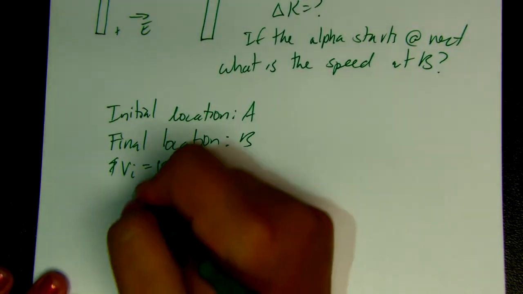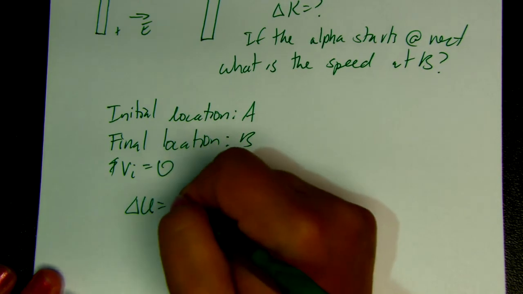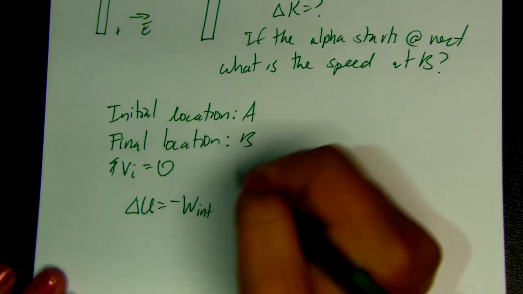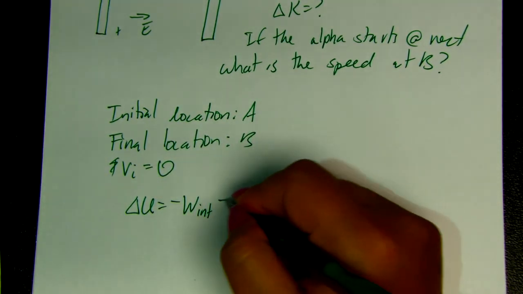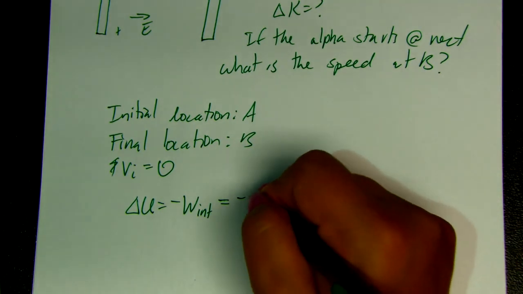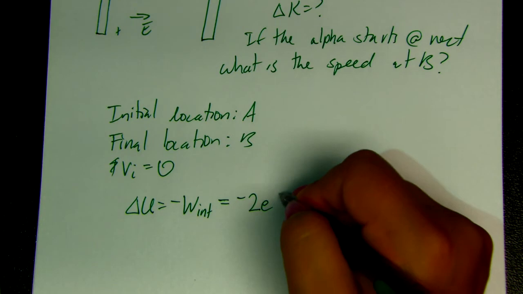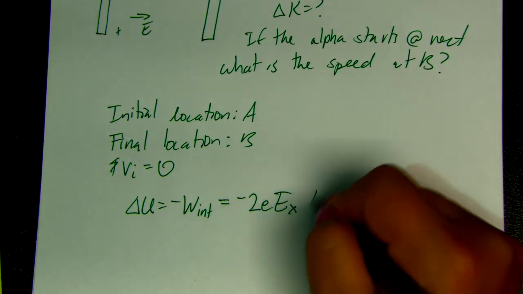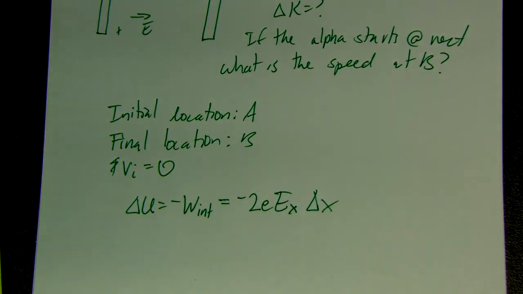Okay. So our change of potential energy is equal to the negative of the internal work, which is equal to minus the charge, which is going to be twice that of the proton, times the electric field in x times the displacement.